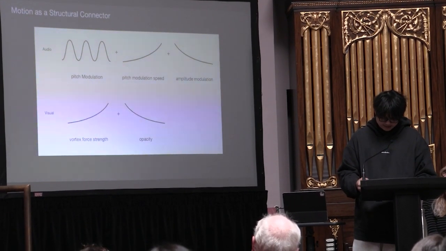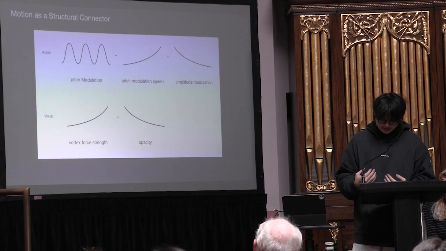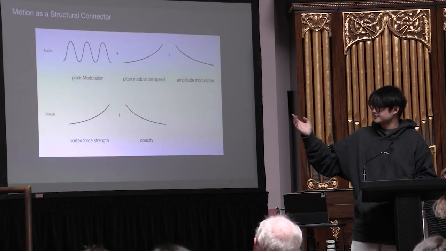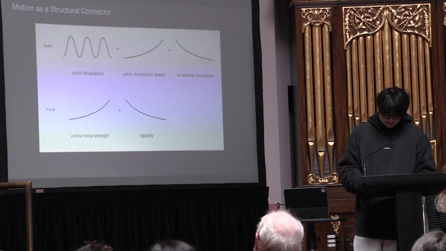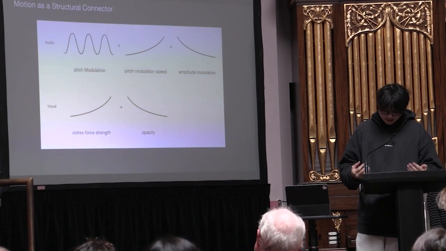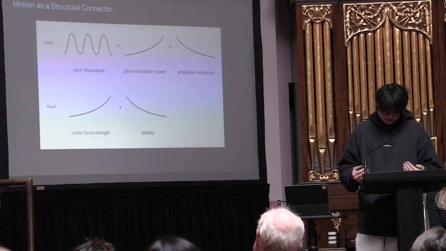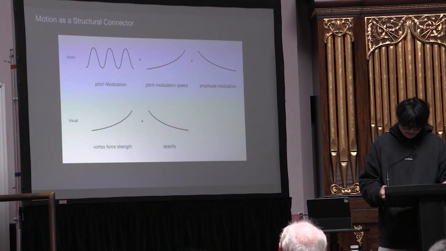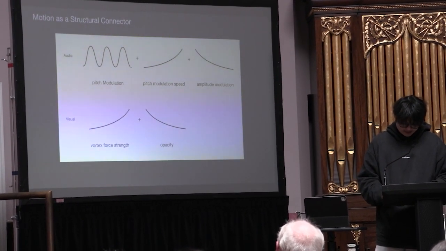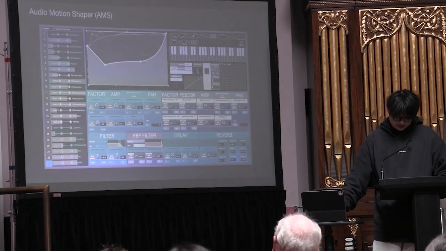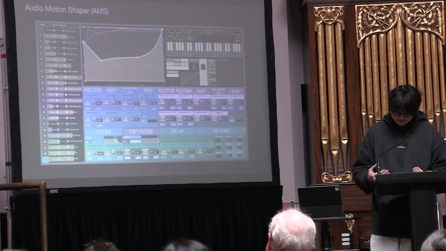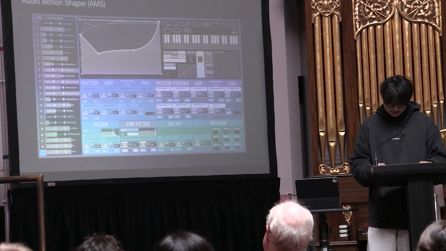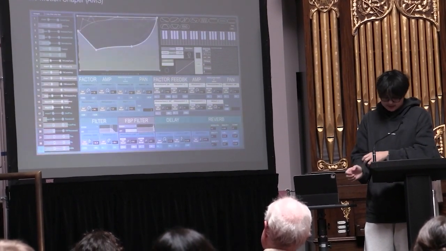For instance, in MaxMSP, creating a vortex motion might involve multiple motion envelopes such as oscillation, ascent, and descent. But in Unreal Engine, a single vortex force parameter could achieve the same perceived motion. In my design, visual Motion Shaper corresponds to specific Unreal Engine blueprints, which contain visual programming logic.